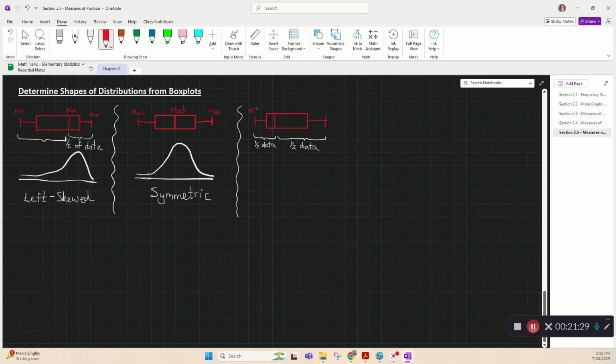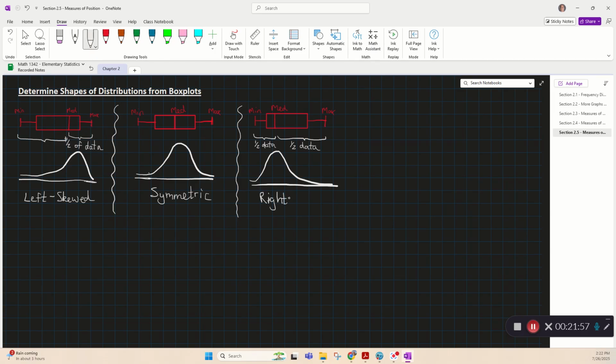There's our min, our median, and our max. So if I were to think of a shape that this could describe, I'm going to have a bunch of data up first, and then it's going to kind of peter out. So what kind of shape is that? Well, it's the only one we haven't talked about. It is right skewed. So that's how we can use box plots to help us determine what shape the data would be in.